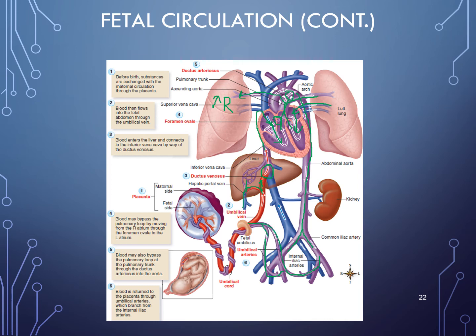Like I said before, there's a very low resistance in the placenta, but a very high resistance in the lungs. So blood from the fetus is going to be encouraged to return back to the mother, to the placenta, so that it can pick up more oxygen and more nutrients for the developing fetus. And that is fetal circulation.